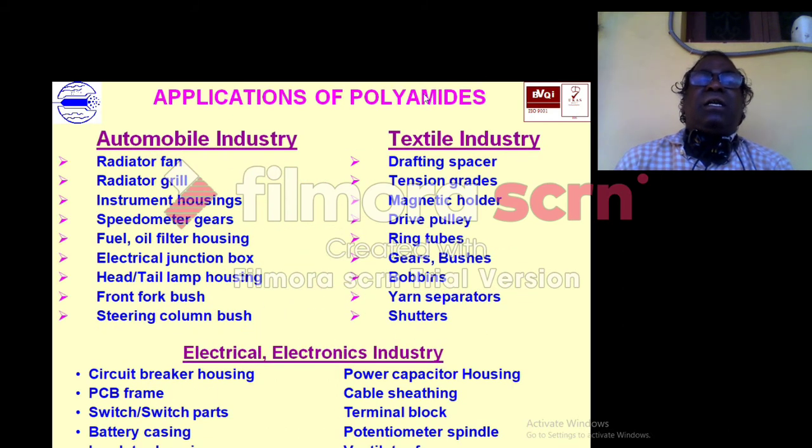And polyamide application is in three different types of industry: the automobile industry, like two-wheelers, four-wheelers, and trucks. This material is used there, and in textiles also it is used. In textiles it is a spacer, a pulley, gears, so various parts in the textile industry.